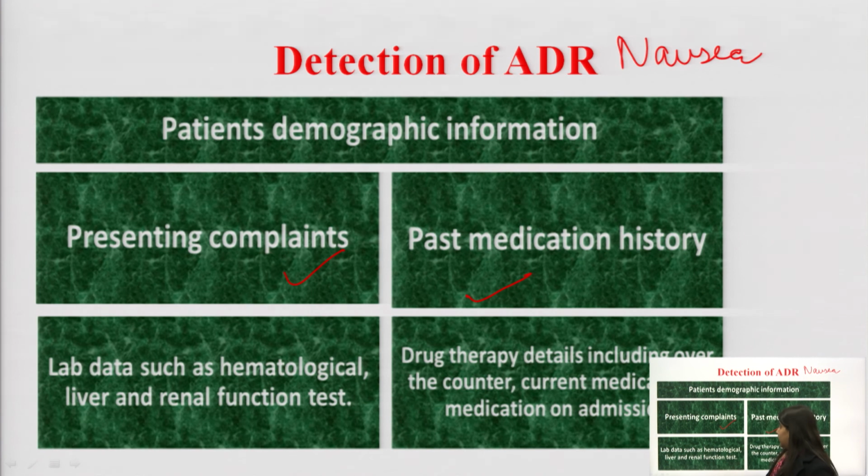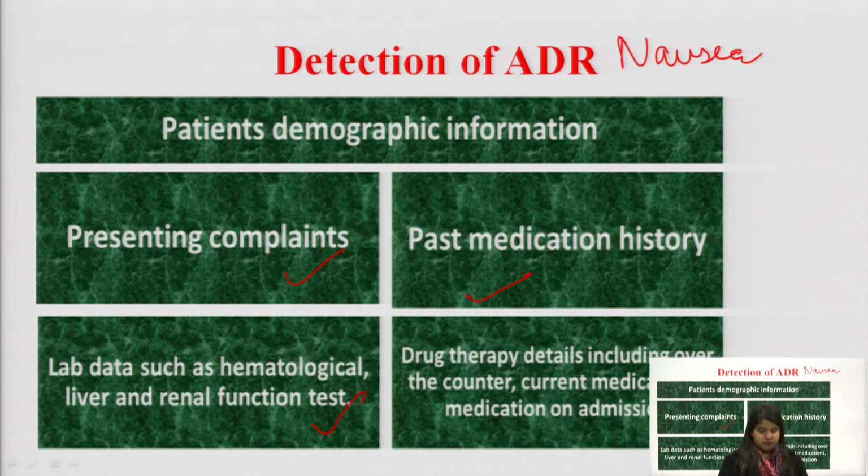Lab data such as hematological, liver and renal function tests, we need these lab results. Why? To check whether the patient has taken the dose in a higher amount or a lower amount. These are the data which we need to know whether the patient is actually suffering from an ADR or not.